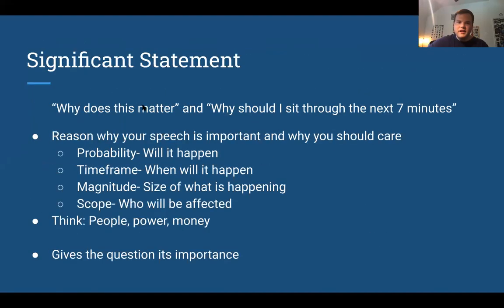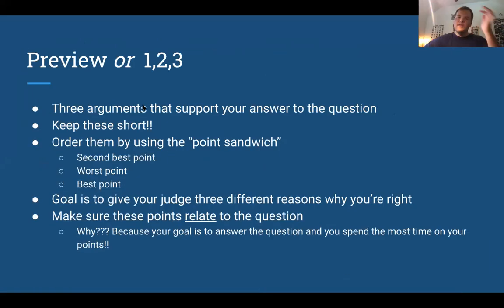So let me go back to the slide. Okay, preview. These are about the points that you're going to say. You want to keep your points short. Again, preview is your 3 points. You're previewing what you're talking about later on in the speech. So you want to keep these short. They should be less than a sentence, a few words about what you're going to talk about.